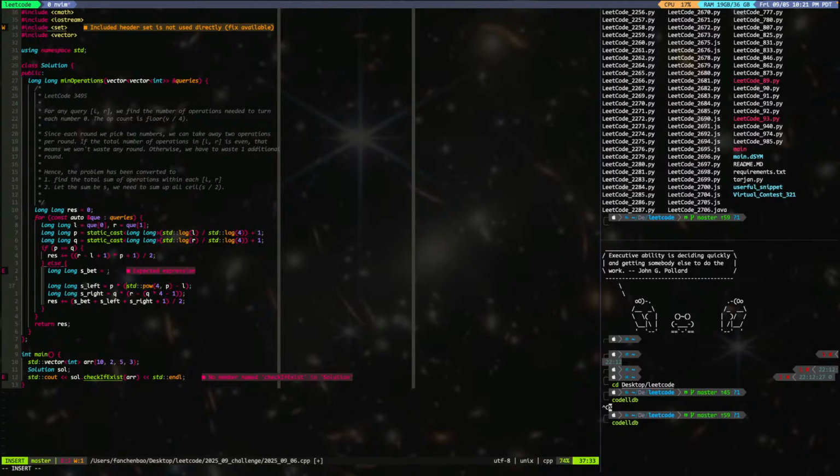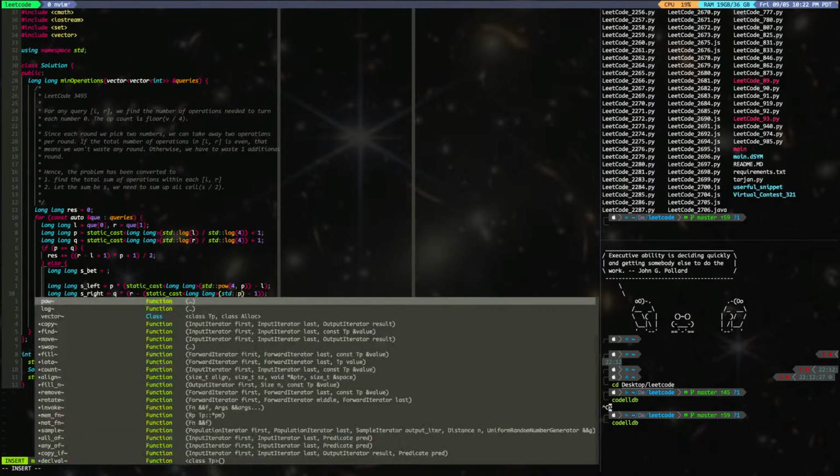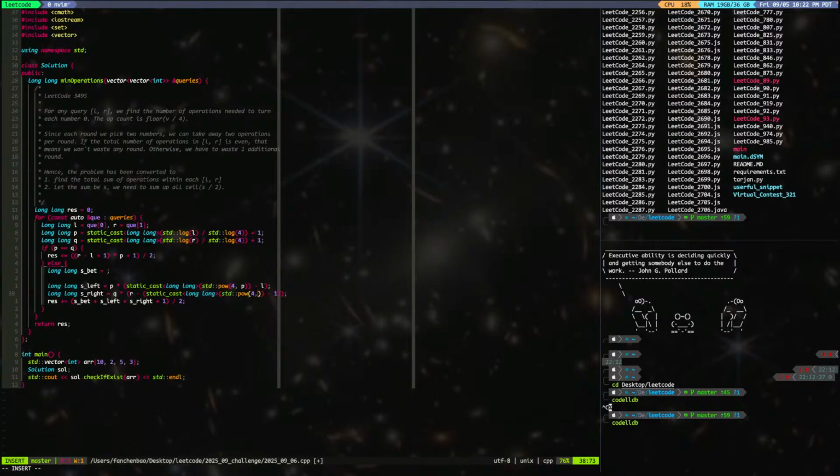4 to the P power, but then we need to static cast this thing, right? This is the next minus this, and here Q. So we do the same thing here. We say static cast long, and this is going to be std pow 4 to the q minus 1 power. So q minus 1 is actually myself, the power.